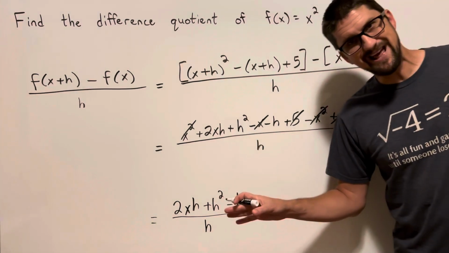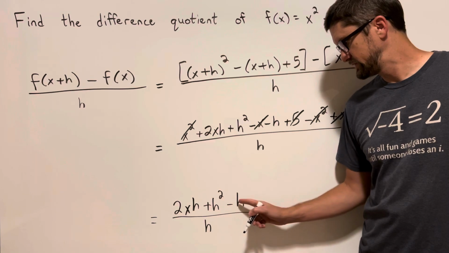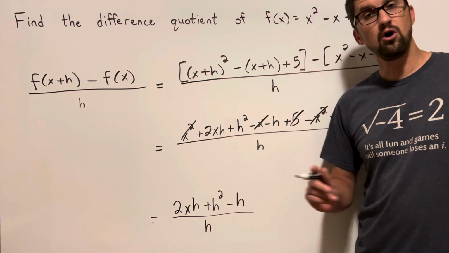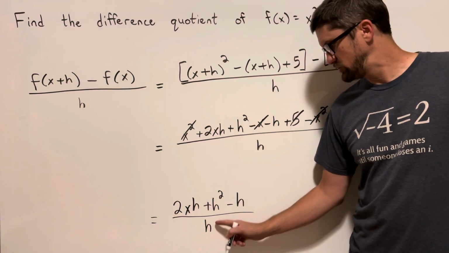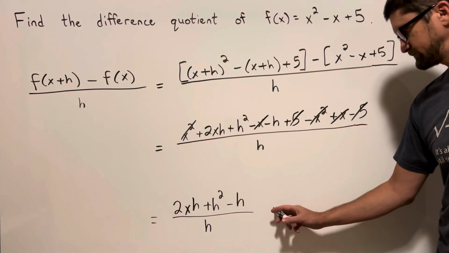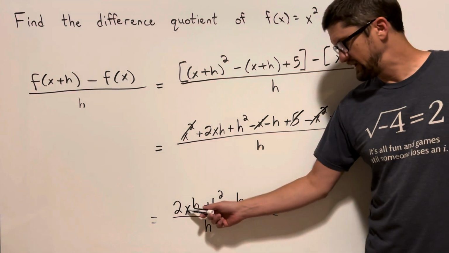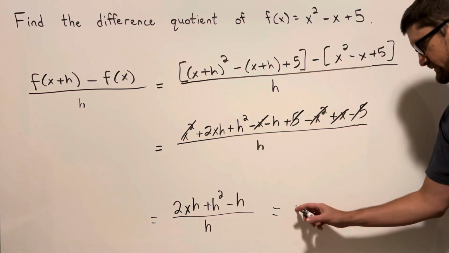We can do one last step here. Notice that all the terms in the numerator all have an h in them. So this h can go into each of these terms up top. So this is going to reduce down to, this h will go into this one perfectly, left with 2x.